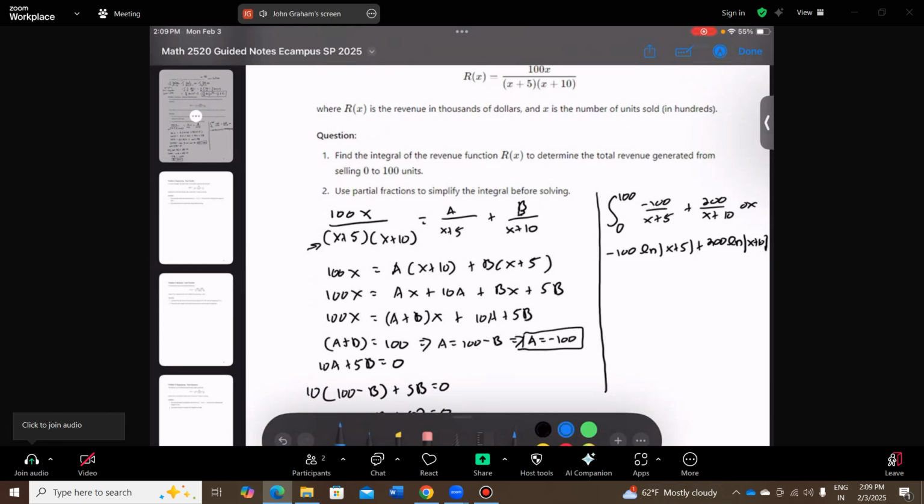I'll do it this way, see if I can make it work. 0 to 100. Right, so first we plug in 100 to each of these.